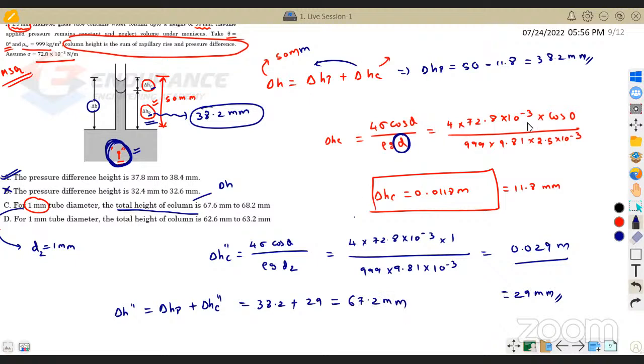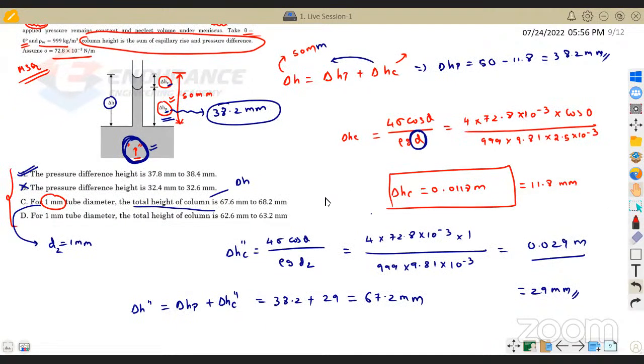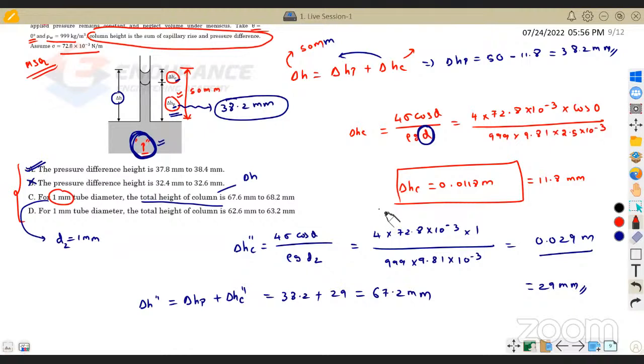You might have taken some extra decimal places, no problem. So 67.2 is option C. So option D is wrong. For this question, the correct answer is A and C.